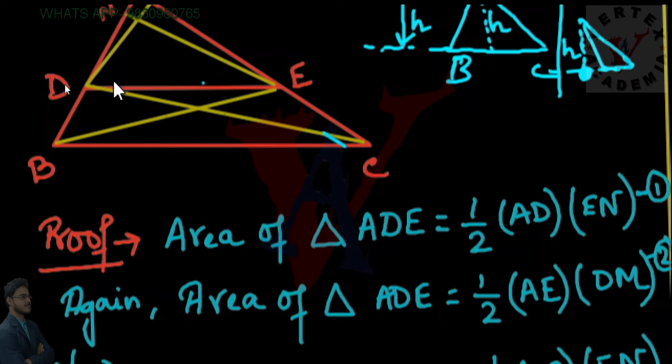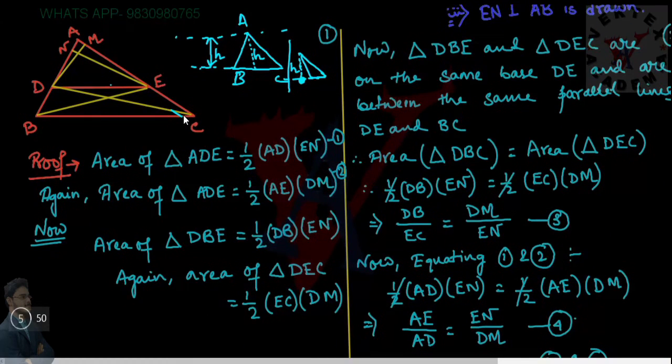So we can say that DM is the height and EC is the base. I hope this is clear. I have written that area of triangle DEC is half into EC, that is the base, into DM.